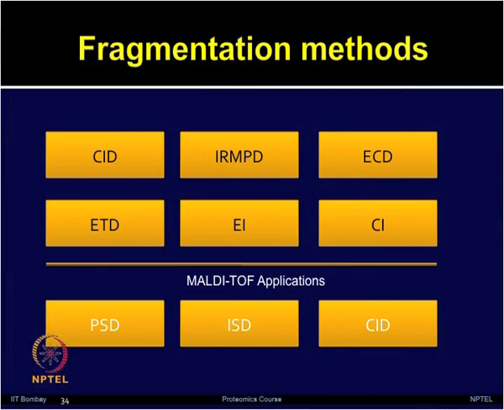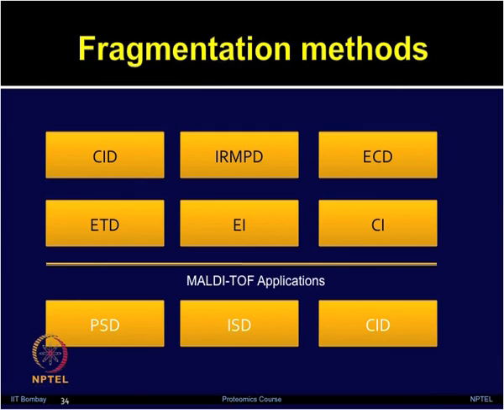The various types of fragmentation methods currently available are listed on this slide: CID, collision induced dissociation; IRMPD, infrared multi-photon dissociation; ECD, electron capture dissociation; ETD, electron transfer dissociation; EI, electron impact, which is used for small molecules; CI, chemical ionization, again used for small molecules.